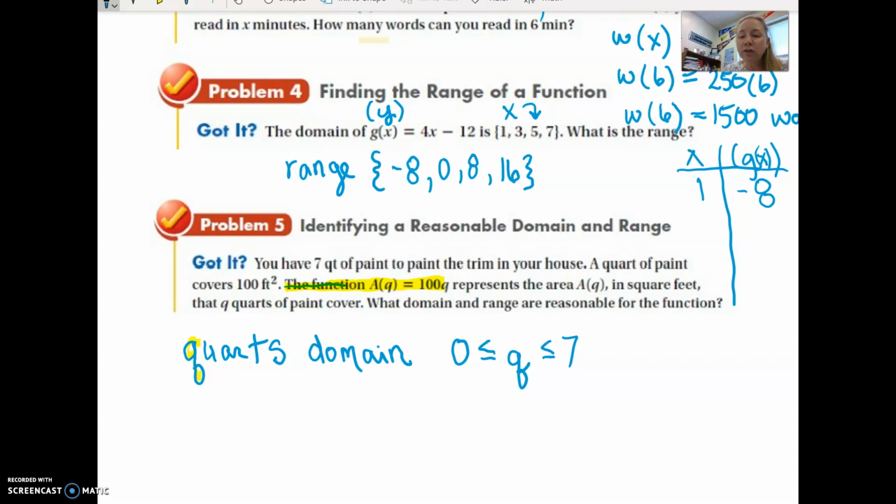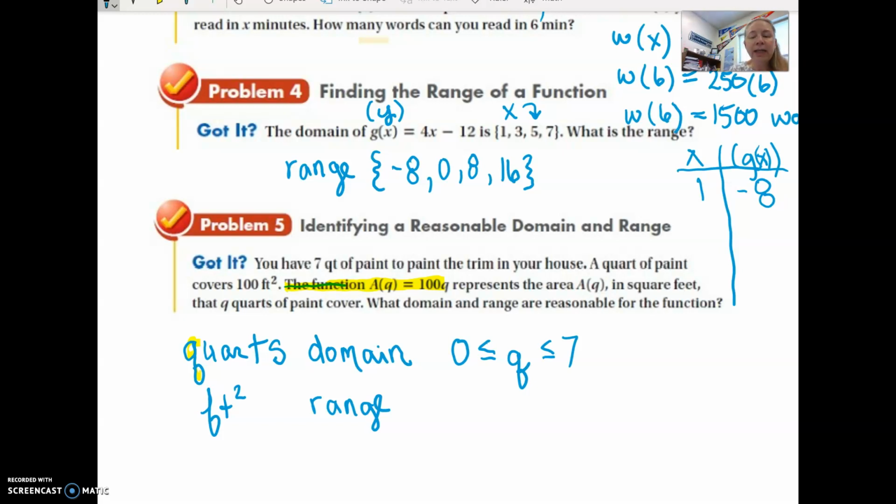Now we also have to look at our function rule and determine how many square feet we could paint with that amount of paint. The next part is our square feet, and this would be considered our range, or our y value. If we take 7 and plug it in for Q here, we end up with 700 square feet.